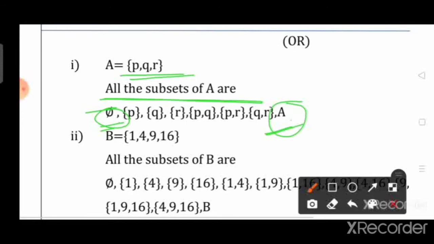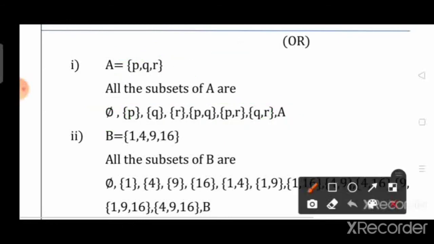Here P, Q, R, the individual elements, also form sets. Then {P, Q}, {P, R}, {Q, R}. These are the sets formed from the main set A. So phi, {P}, {Q}, {R}, {P, Q}, {P, R}, {Q, R} and A. These are all the subsets formed from the main set.